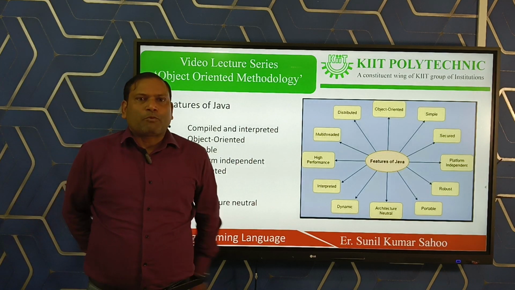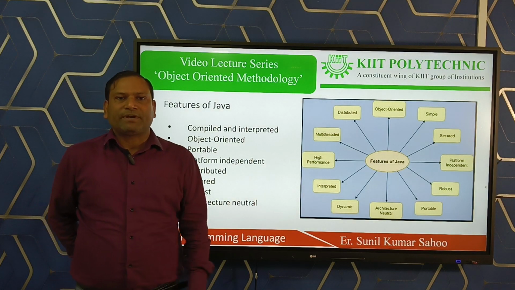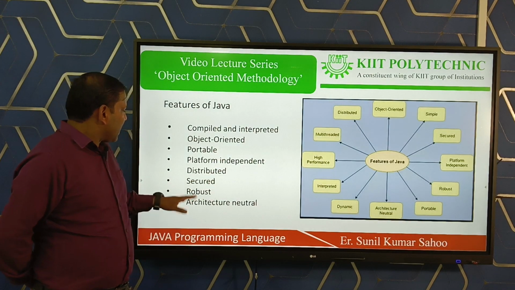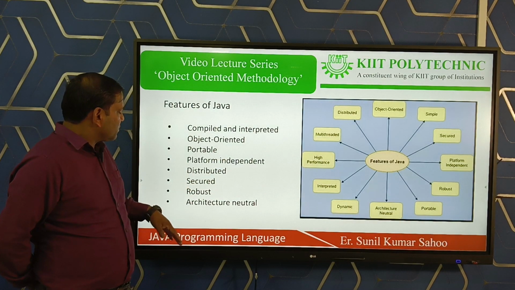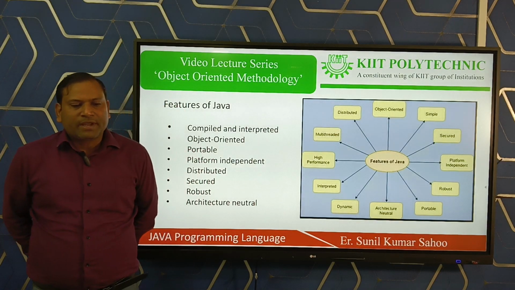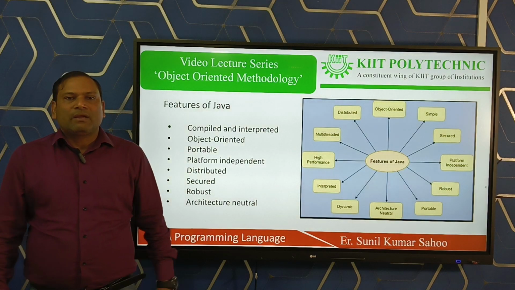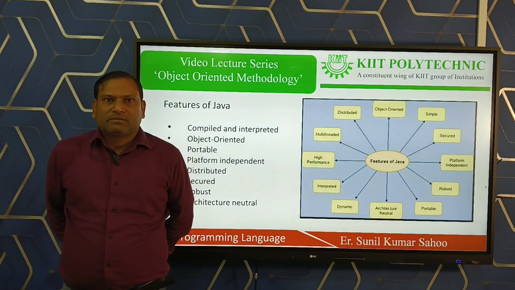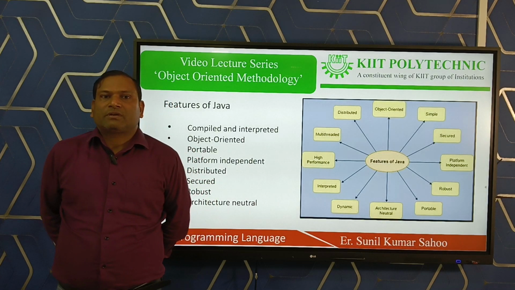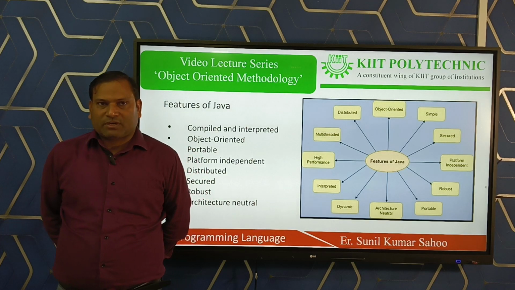Distributed means the program written in one computer can run in another computer with the help of the internet. Such a concept is known as distributed. Next, it is secure, robust, and architecture neutral. Architecture neutral means in C language, one integer data type can occupy 4 bytes of memory space in a 64 bit processor, 2 bytes of memory space in a 32 bit processor.